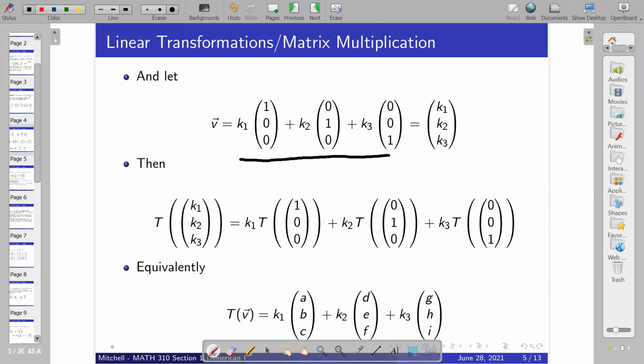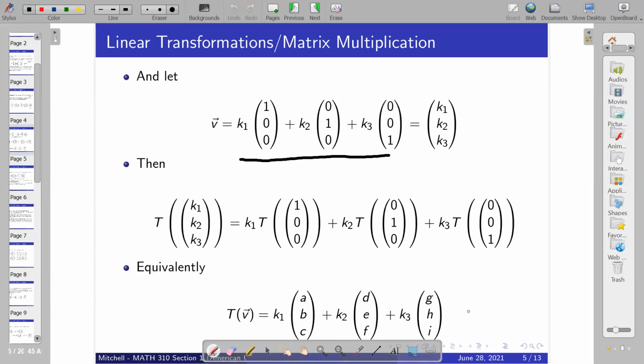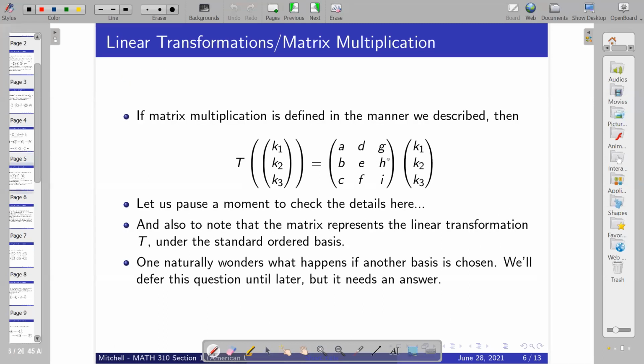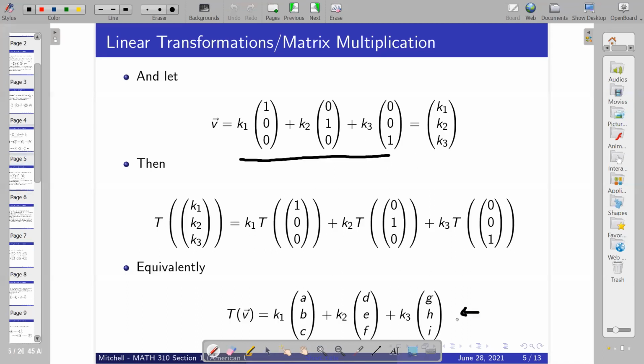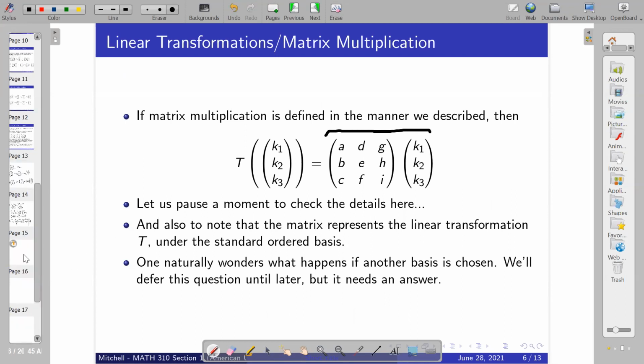If you stare at that for a minute, you'll realize that what you're looking at on the right-hand side is in reality that right there. Why is that?